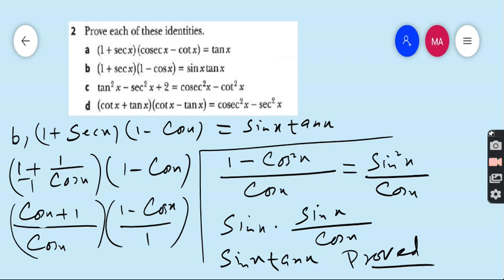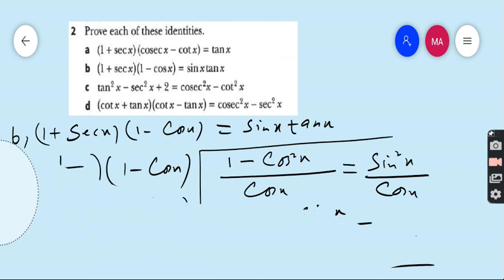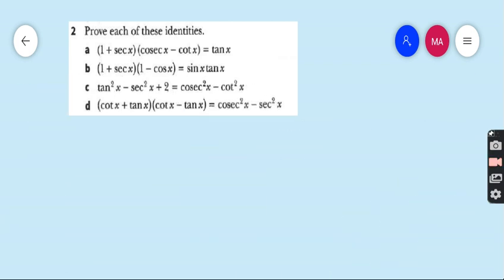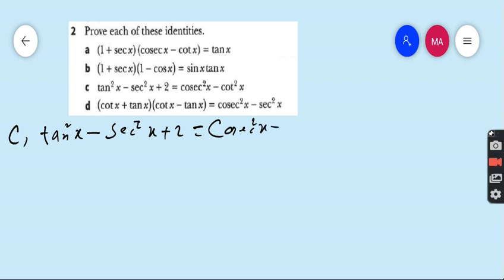Move to part C. Part C is tan square x minus sec square x plus 2 is equal to cosec square x minus cot square x. Students, sometimes when we take the left hand side, we are unable to convert it into the right hand side.